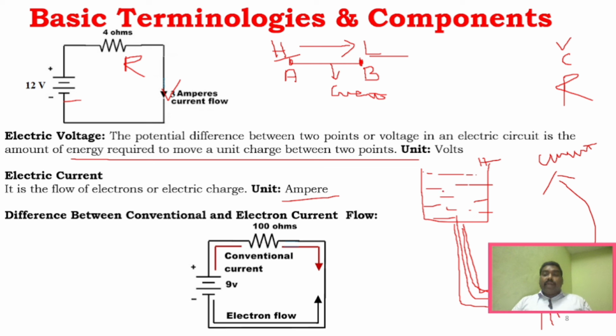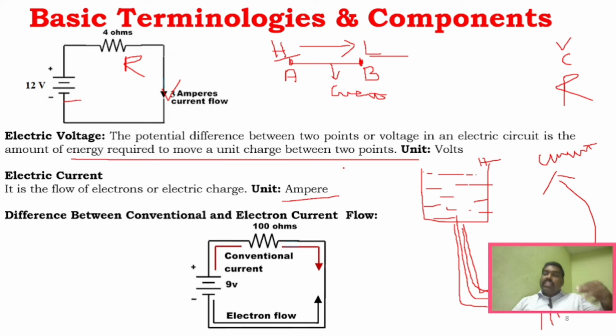And it flows from higher potential to lower potential, right? The pressure which makes the water come from the tank to this particular place is called voltage. And that is what we mentioned here, the amount of energy required to move a unit charge between 2 points.